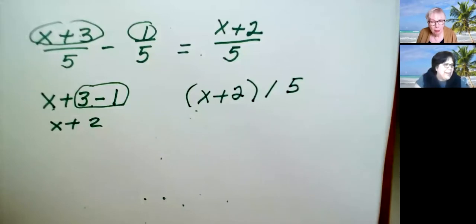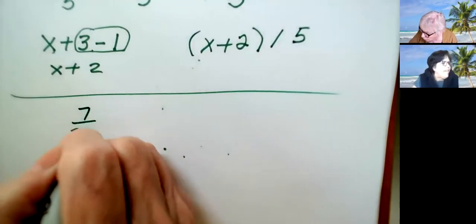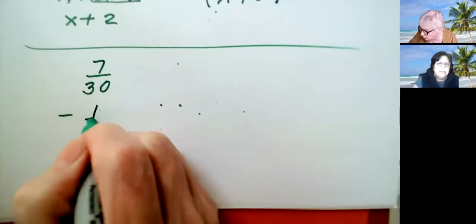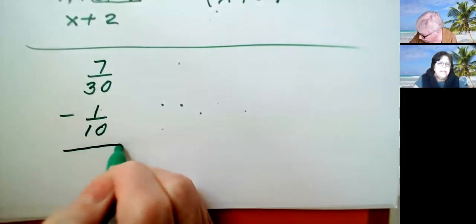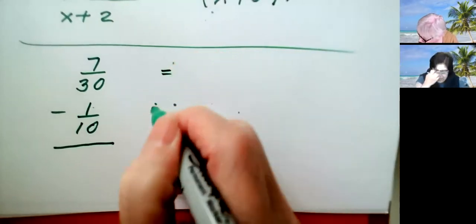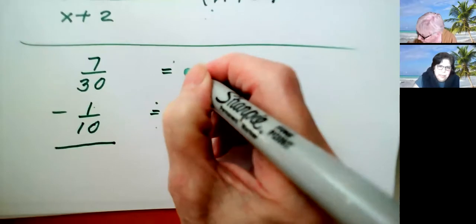Okay, this is the one I've been working on forever. 7 over 30 minus 1 over 10. This doesn't have any x's. What I did first, I used 30 as the number.